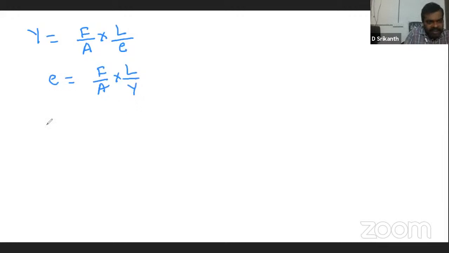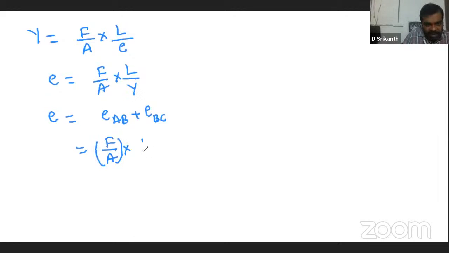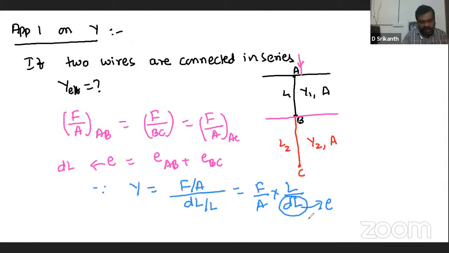By using this expression, we got that it is E of AB plus E of BC. So elongation of AB I can write as F by A, because stress is constant, times L1 by Y1, for AB wire we consider the length as L1 and Young's modulus as Y1.